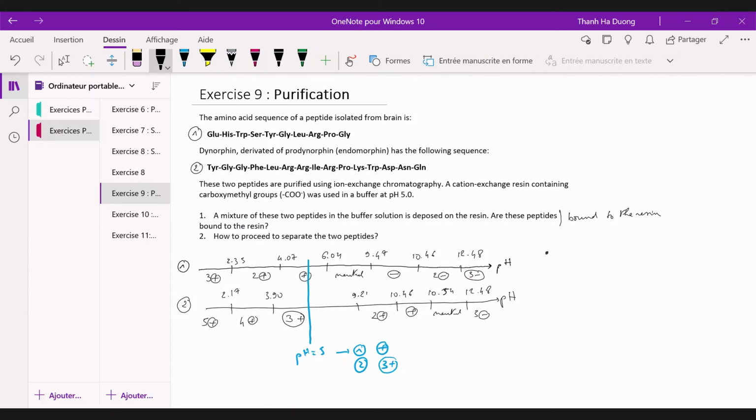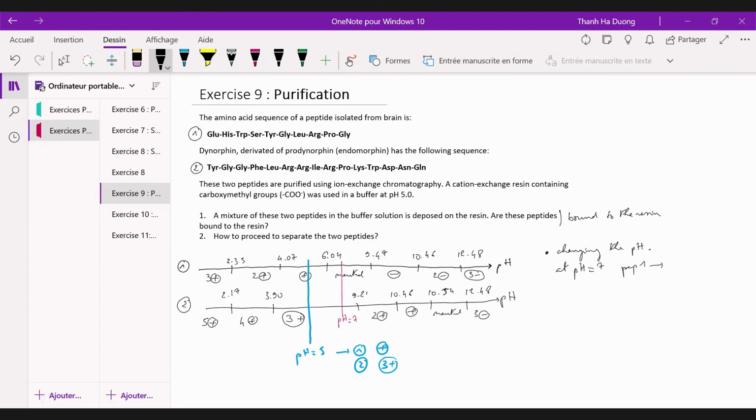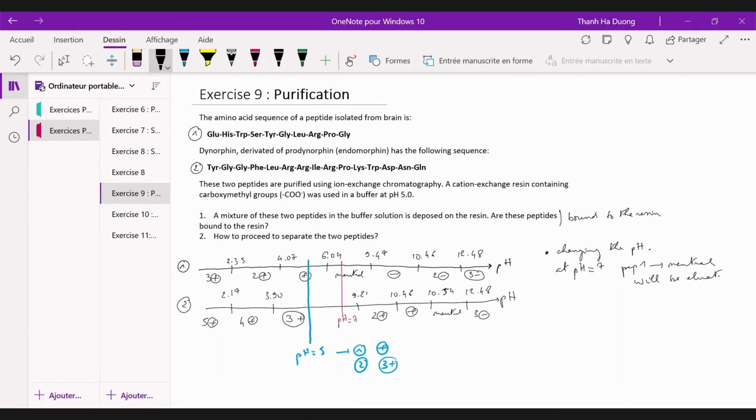For example, if we change the pH so that peptide 1 is neutral, it will be eluted, and peptide 2 is still positively charged, so it's still bound to the resin.